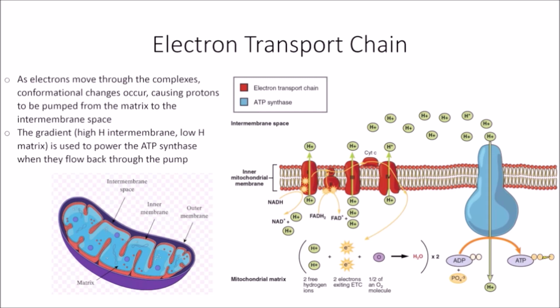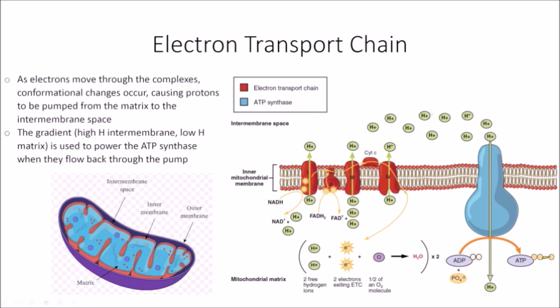I did a general overview of what's happening with the NADH and the proton pump, but this just summarizes what I said. As the electrons from NADH here are donated into this first complex, the shape of these complexes changes and pumps the protons to the inner membrane space.